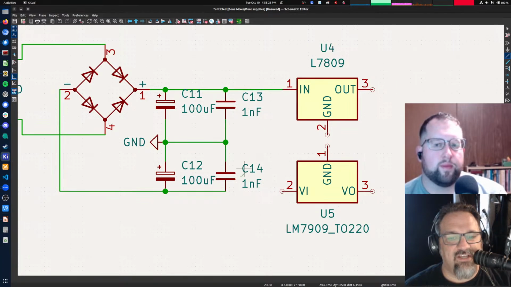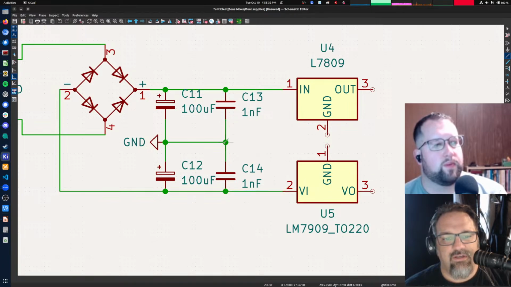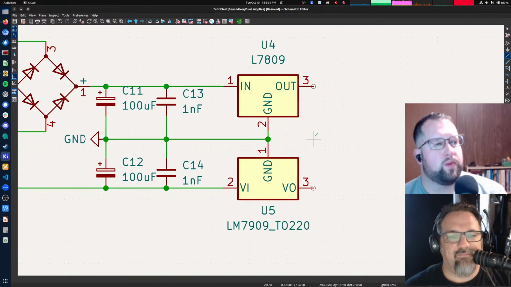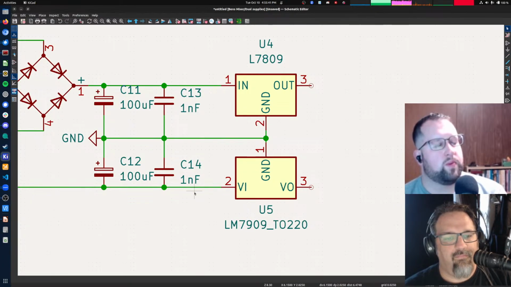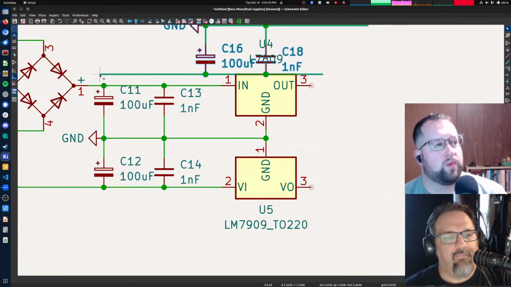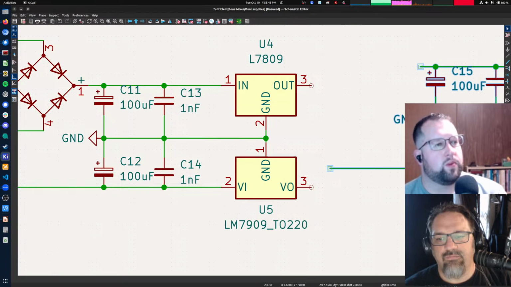So this top half is going to look a lot like the power supply that we did on the other page. And we're just doing the exact same thing, but mirror imaged on the bottom. And I'm just going to copy all these again.